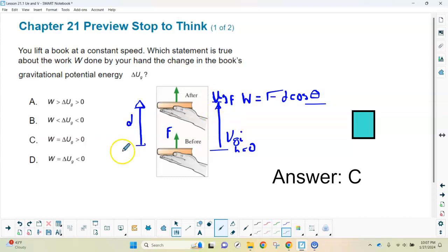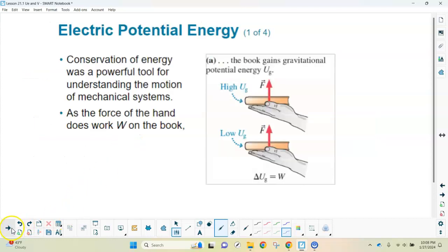The hand put energy into the system. That's what's happening. Conservation of energy, we've talked about that, or you probably talked about it in your previous classes. Again, the gain of potential energy is equal to how much work is put into the book in this case.